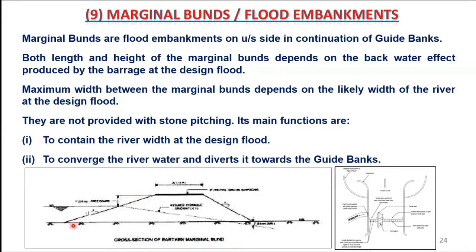Now, in case of marginal bunds, stone pitching is not provided on any side, neither the side which is not subjected to water nor the side which is subjected to water. So we don't provide any stone pitching. That is the difference between the guide banks and marginal bunds.